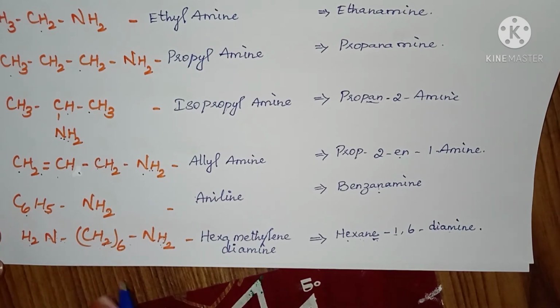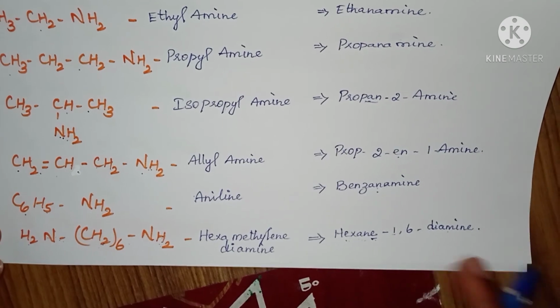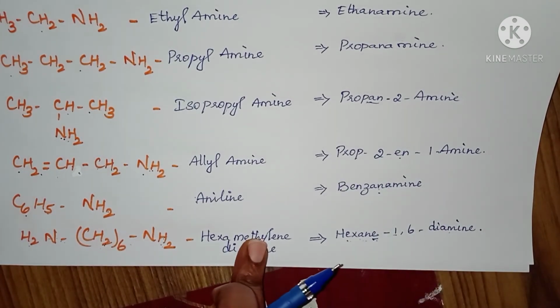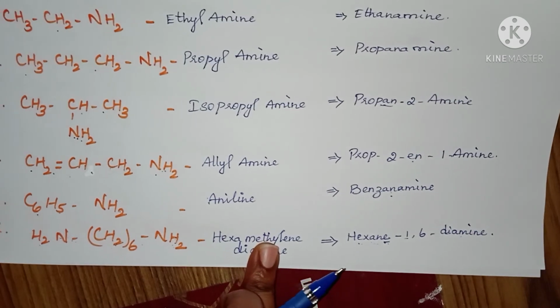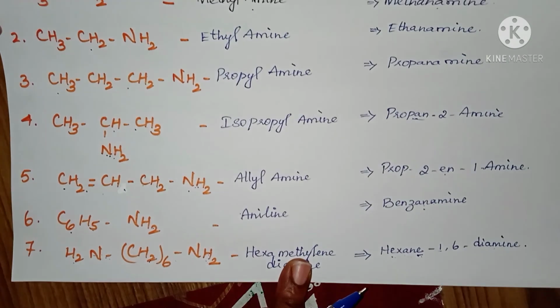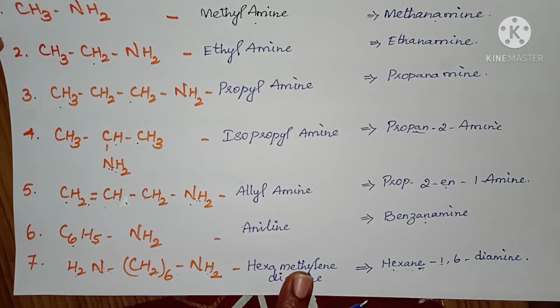If you write it in an expanded way, 1,6-diamine, this is the way you can write it. Hope you got this idea. Next one, you just take a screenshot so that it will be easy for you to understand.